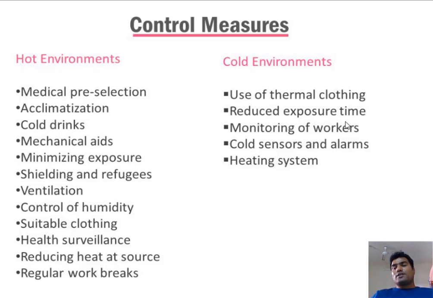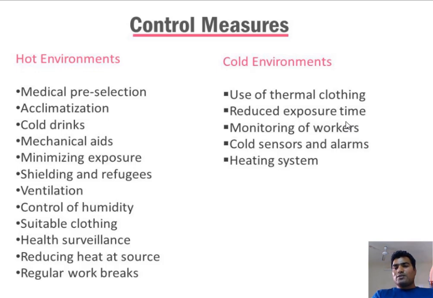Reduce exposure time, that means you don't go in the cold environment, you sit in the cabin. That means don't go near the cold source. And monitoring of workers is required. Someone is looking after all the workers, what they are doing and how they are.